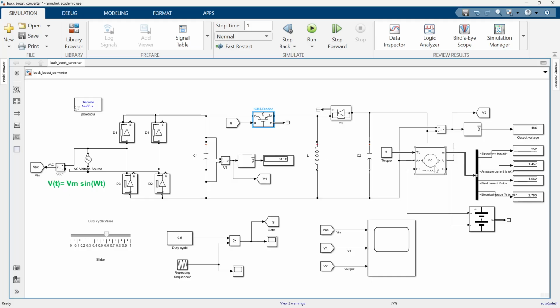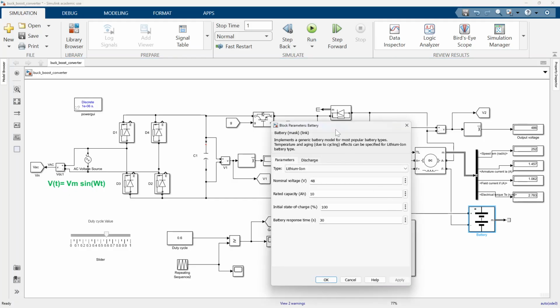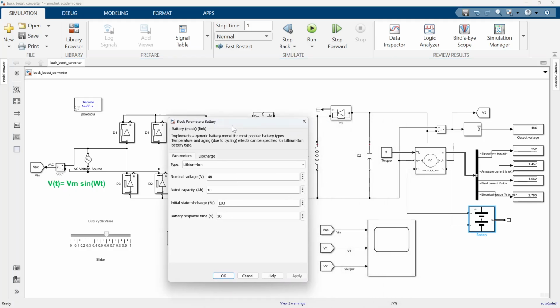Now let's go into the DC motor model. I am using a DC machine. The load used in this project is a separately excited DC motor, which is ideal for armature voltage speed control. The field winding is supplied with a constant DC voltage, keeping the magnetic flux constant.